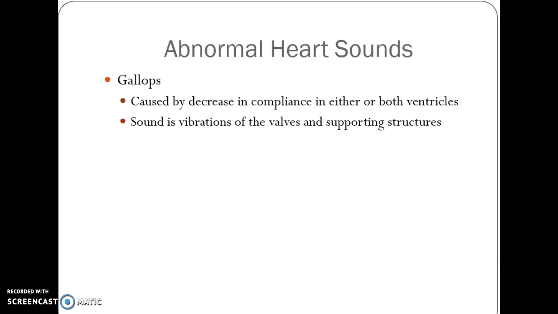Another sound is an S3 sound, which is called a gallop. It's considered normal in patients who are young and can be an early sign of failure or ventricular septal defect. Doesn't have to be, but can be. And then S4 is an atrial gallop. This may be heard in patients with hypertension, anemia, ventricular hypertrophy, which means that their ventricle is getting bigger and hardening.